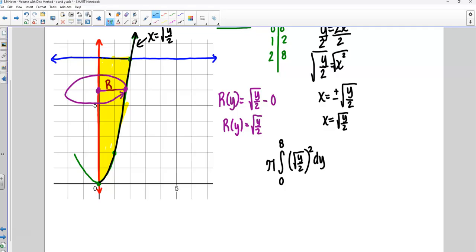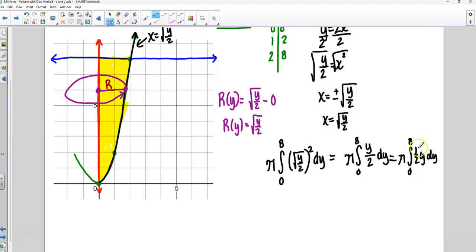Okay, this one becomes easier because what happens whenever we square the square root? They cancel each other out. So this is just going to be pi integral from 0 to 8 of y over 2 dy. I would think of it like this, integral from 0 to 8 of 1/2 y dy.